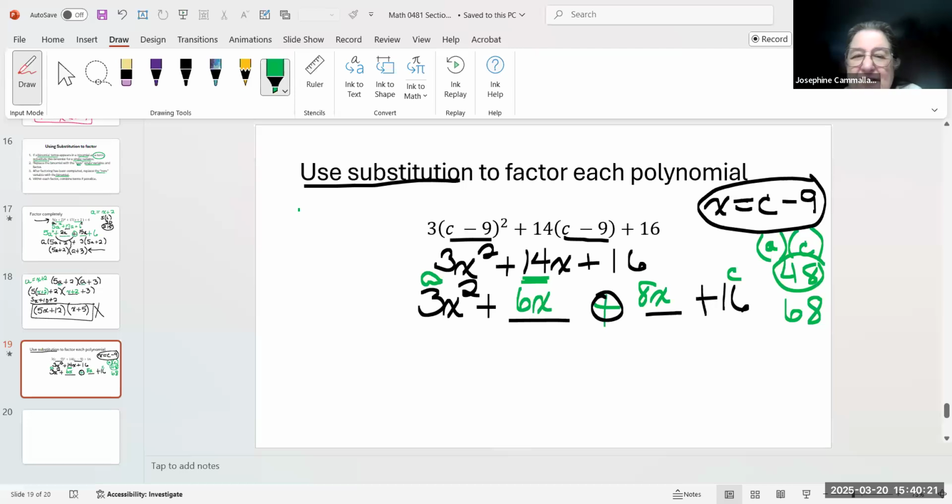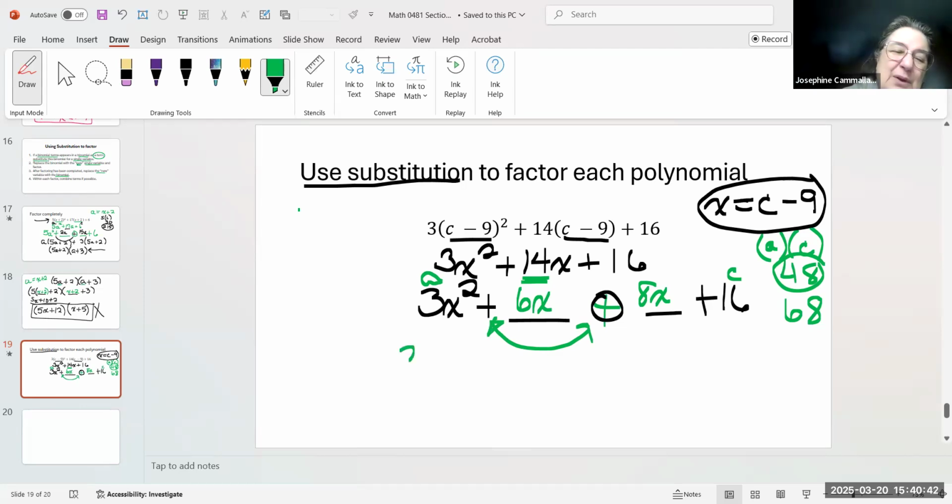48 has a lot of factors. What set of factors adds? And notice it adds because I have 2 pluses here. That's the beautiful part about this method. I have 2 pluses. I know what the numbers have to do to make those middle terms.